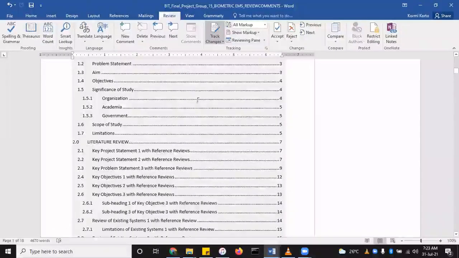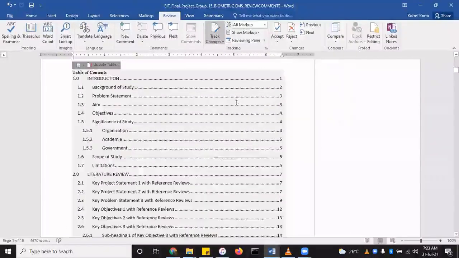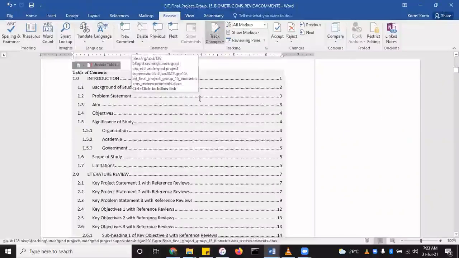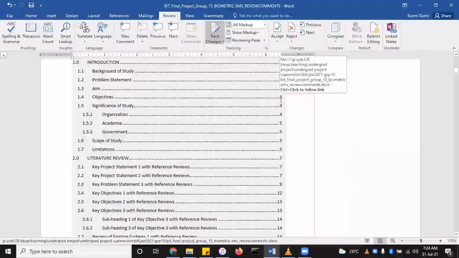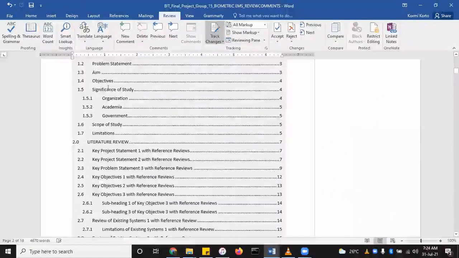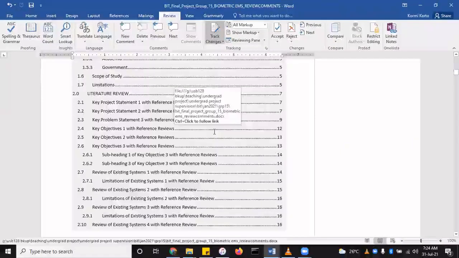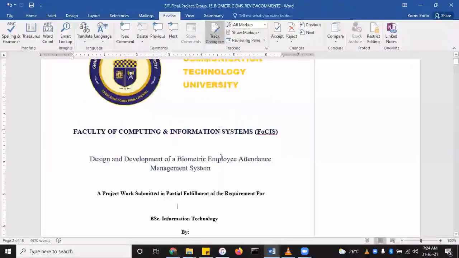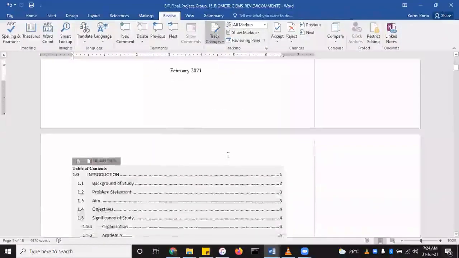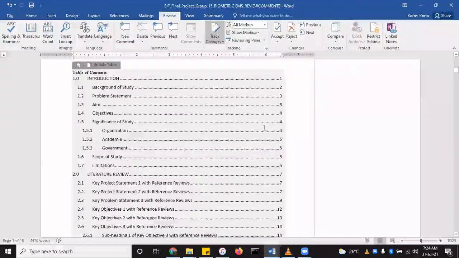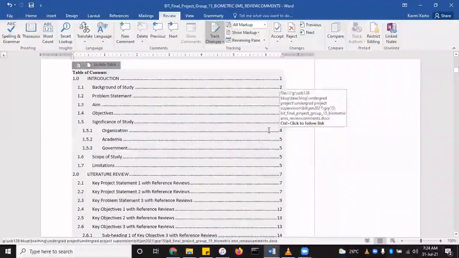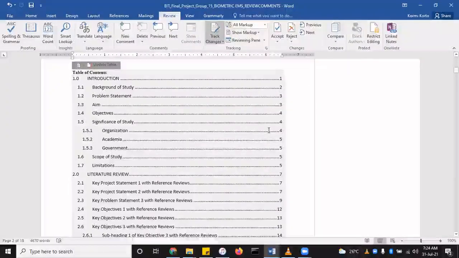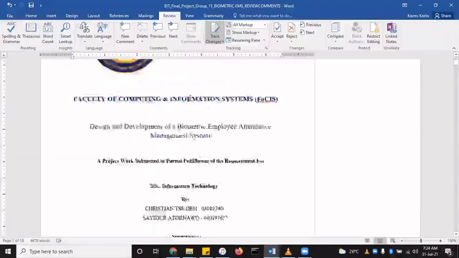You can see the various headings and the page numbers as well that I should be looking out for within my review. So yeah, please try to include this. At least if you can include the table of content, which I think you should be doing because it helps you out a lot in the long run.